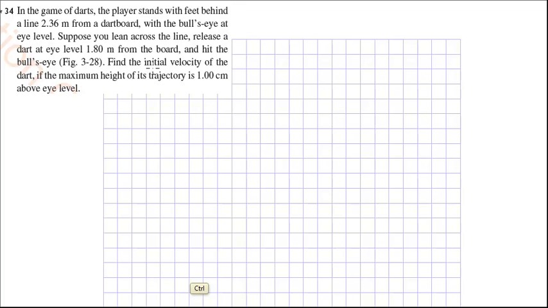Okay, so one thing to note right away, velocity means speed and angle, and that's the way we're going to answer the question here. So first thing I want to do is to draw a picture of what's going on here. Let me draw an axis, y-axis in meters, and then a distance axis here.